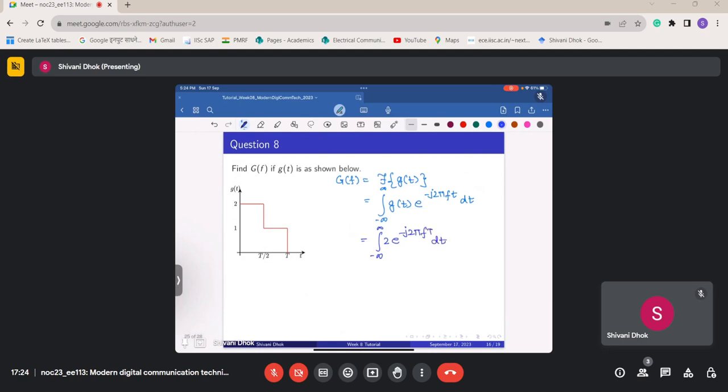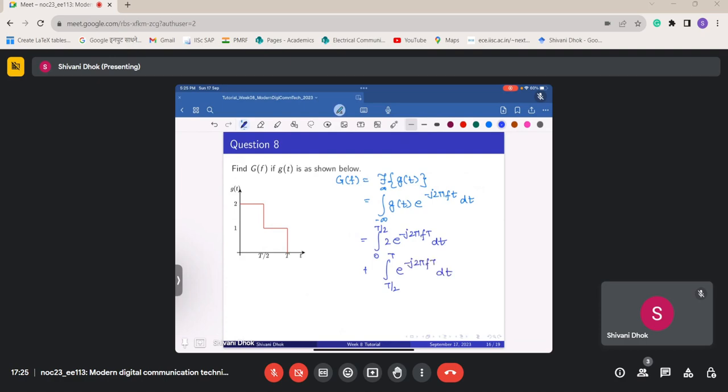So I can simply split this integral into two parts. Oh, I'm sorry, I can split it into two integrals. One is from 0 to T by 2, where g(t) is 2, into e power minus j 2 pi ft dt, plus the integral T by 2 to T, where it is equal to 1, into e power minus j 2 pi ft dt.